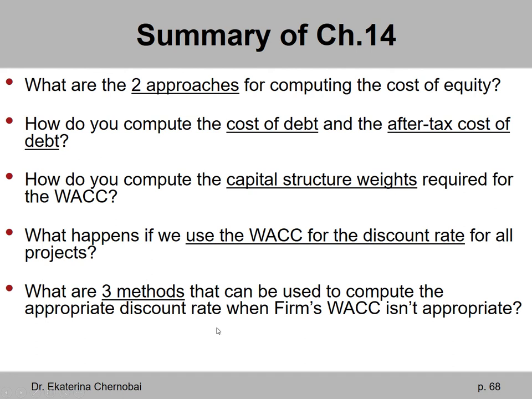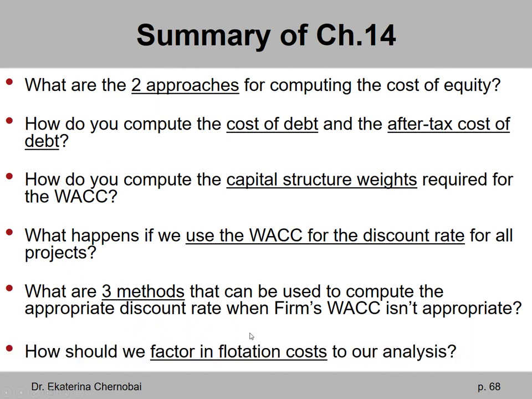Why a couple of percent? Why not 3%? Why not only 1%? And the third method is called the divisional cost of capital, when each of the firm's divisions may have its own appropriate weighted average cost of capital, and that should be the correct discount rate that division would need to use rather than the firm's overall weighted average cost of capital when the division is assigned to some new investment project.